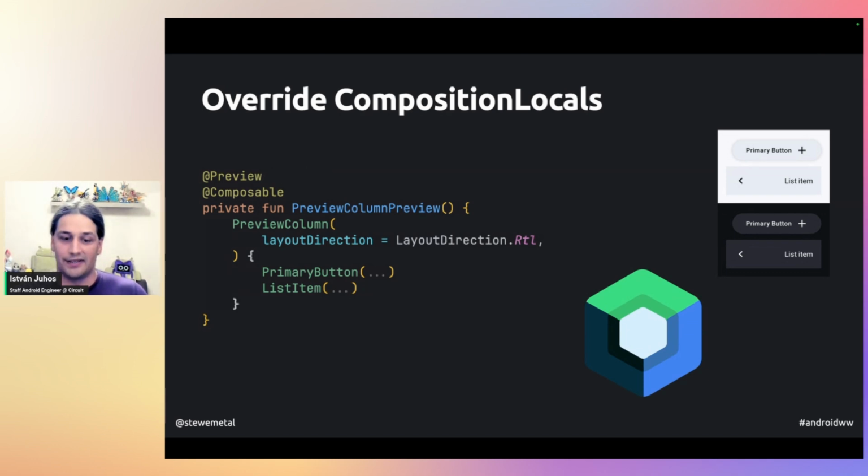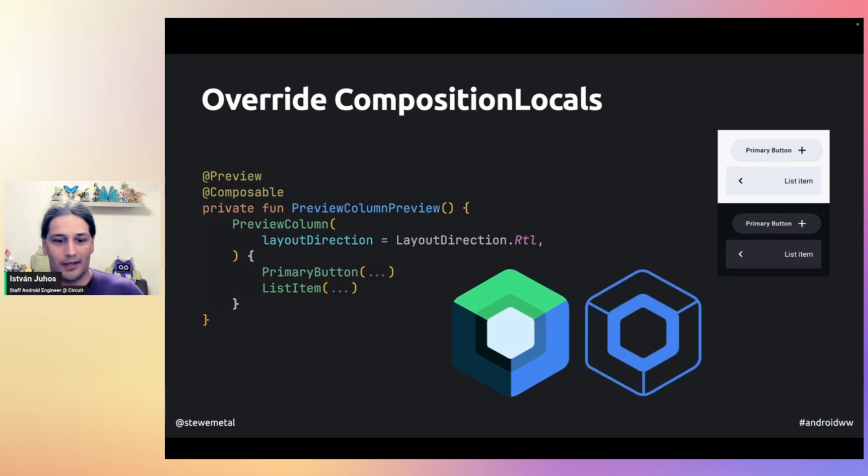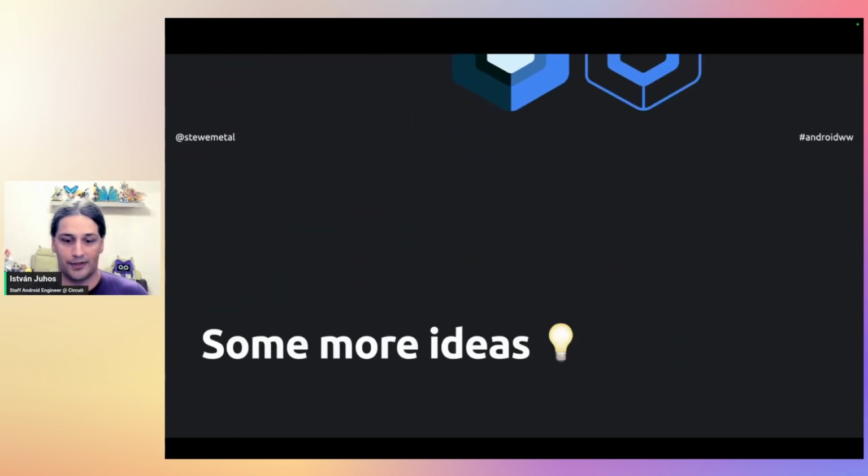And if we remove that pesky multi-preview annotation and just use the normal preview annotation from Compose Multiplatform and JetBrains' Compose tooling, this also works flawlessly in Compose Multiplatform previews as well. All of the previously shown preview tooling actually does. I mean, preview box, preview column, preview whatever you'd like to implement. So we have more flexibility now as well.